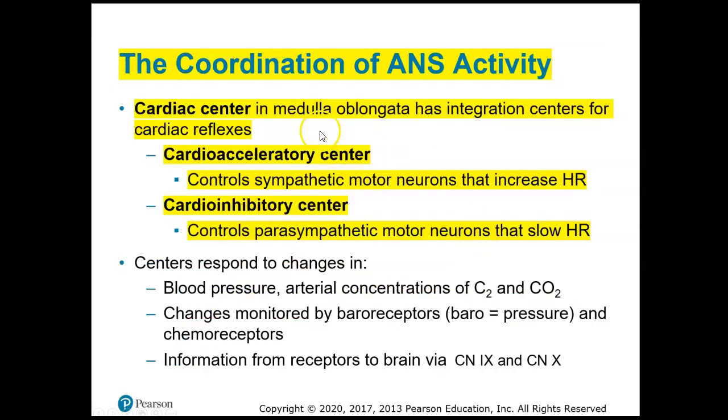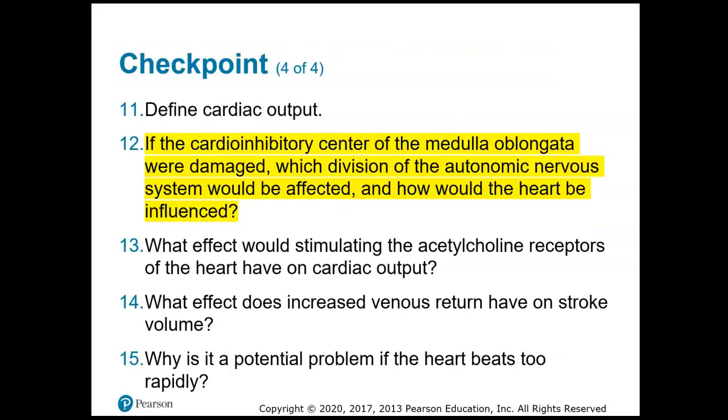In the medulla oblongata, in our brain, we have a cardiac center. And it's divided into the cardioacceleratory center, which controls sympathetic motor neurons that raise the heart rate, and then the cardioinhibitory center, which controls the parasympathetic motor neurons that slow the heart rate.